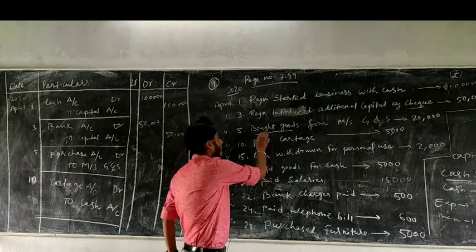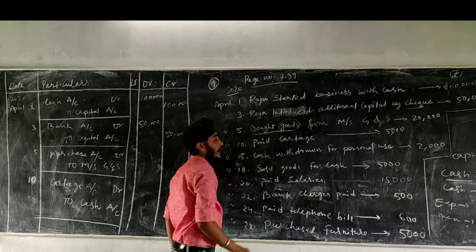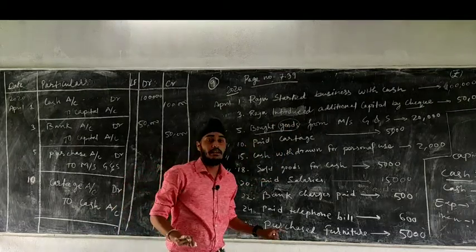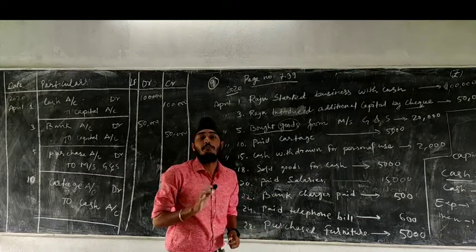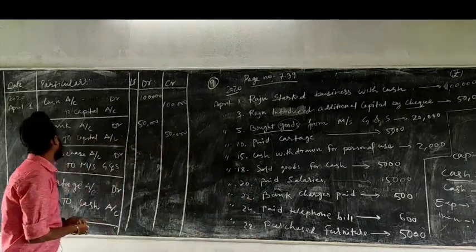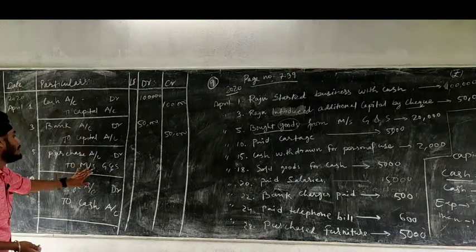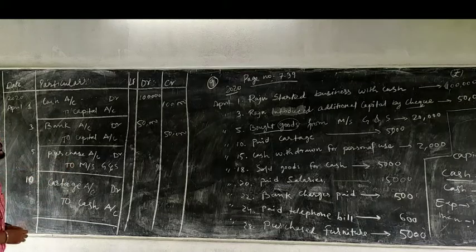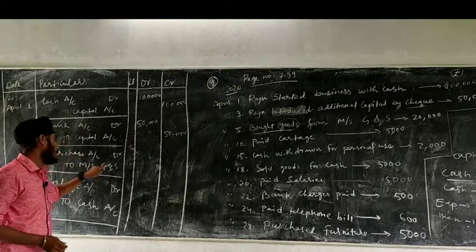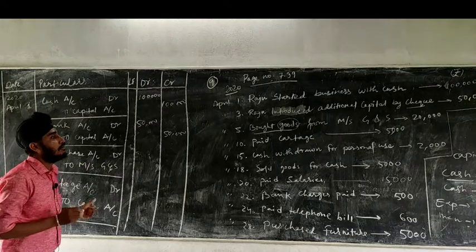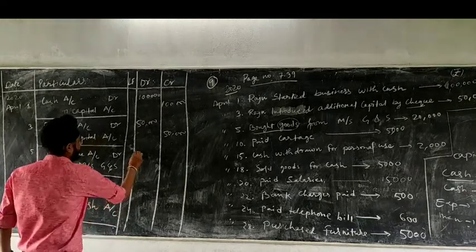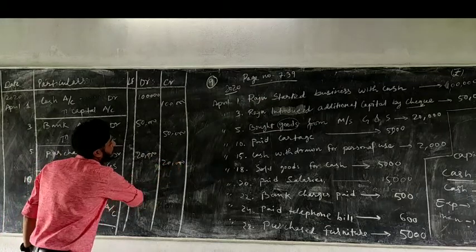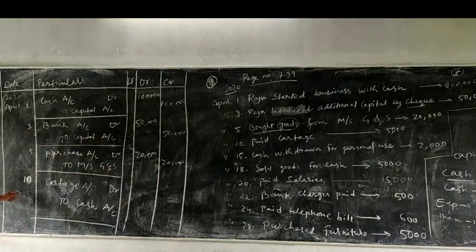But in case of goods we don't write goods account, we write purchase account. So the entry will be purchase account debited to MSG&S. Why? Because purchase means goods are purchased, means asset is increased. So amount is 20,000 on debit and 20,000 on credit side. Clear students?